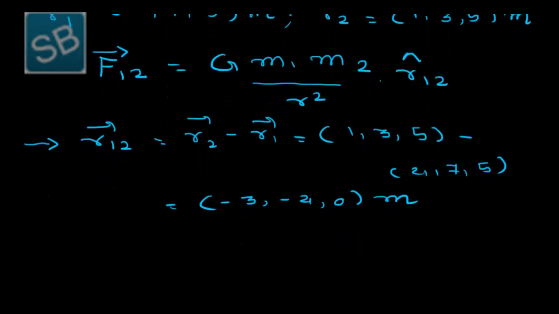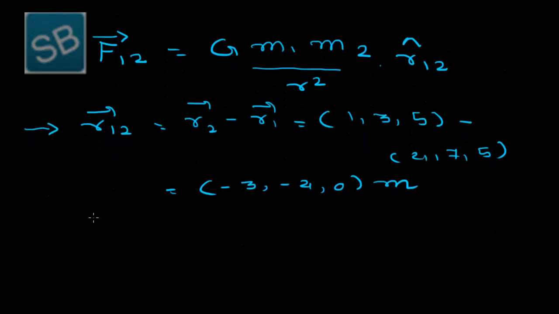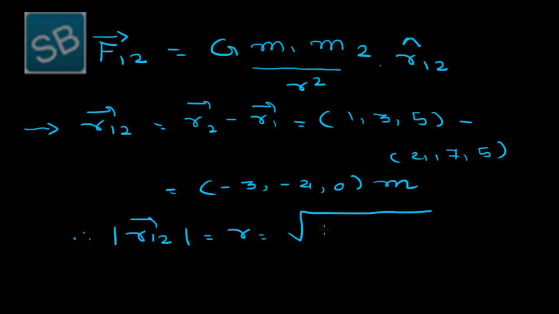Don't forget to write down the unit. And so the magnitude of R12, denoted by small r, is equal to the square root of (-3) whole square, that is 9, plus (-4) whole square, that is 16. So under root 16 plus 9, that is 25, which is equal to 5 meter.